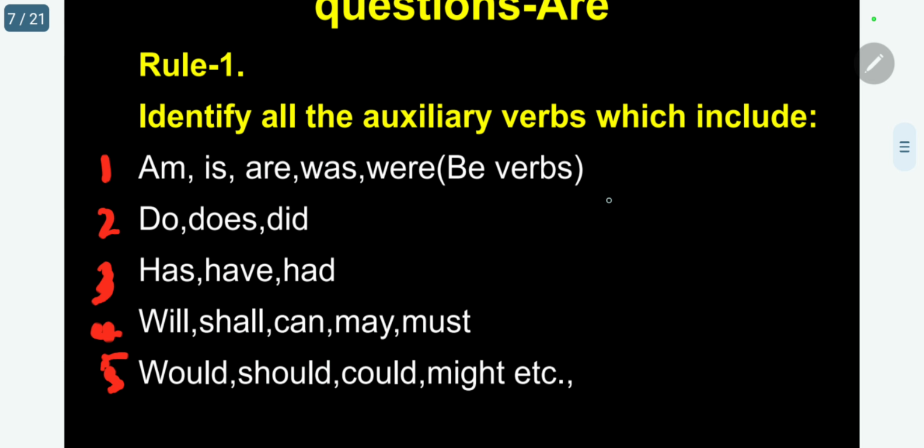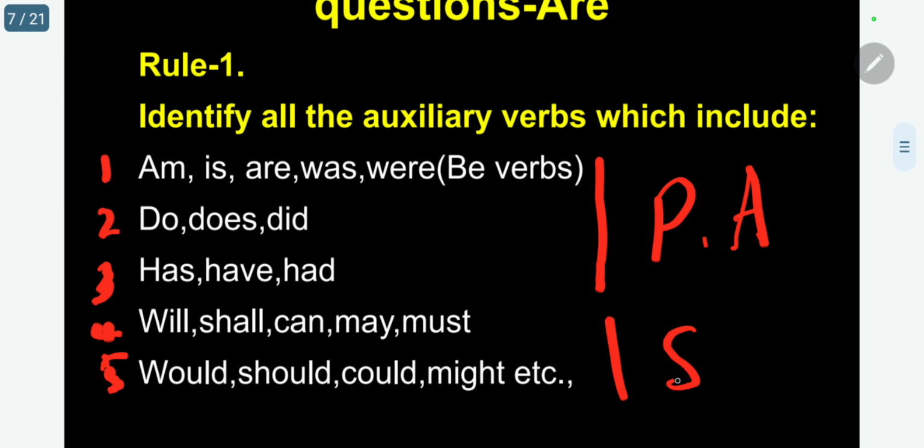The first three, one, two, three, are primary auxiliaries. And the other two are called secondary auxiliaries. Please understand this. Under the primary auxiliaries, there are three types. The first one we call be verbs.